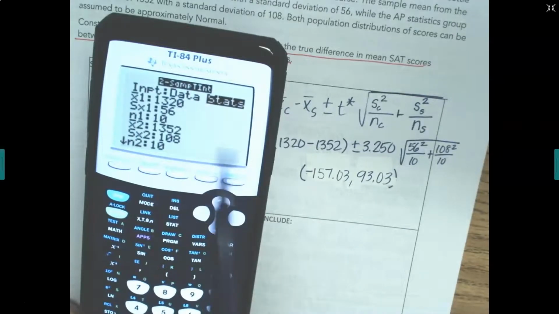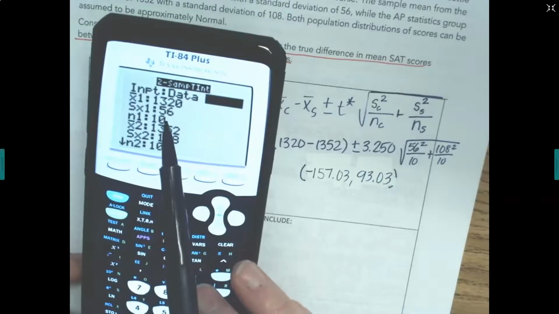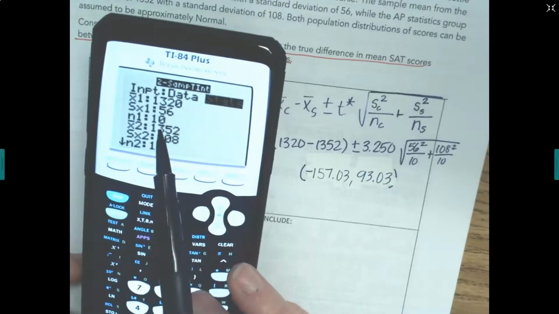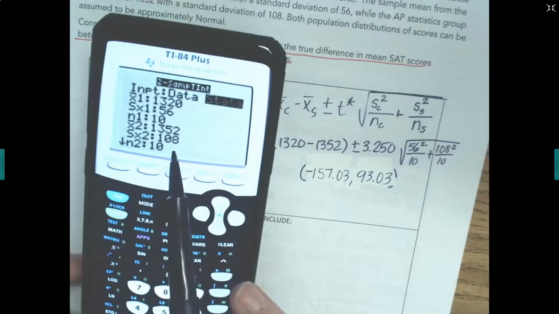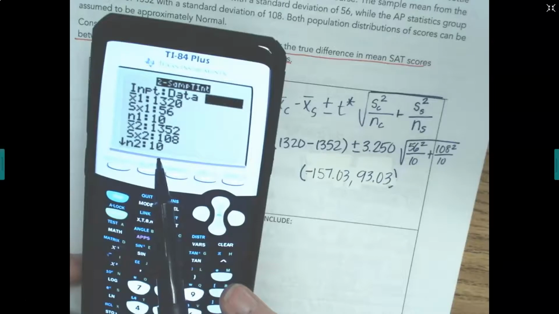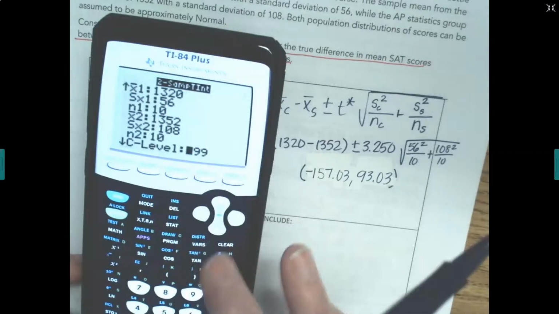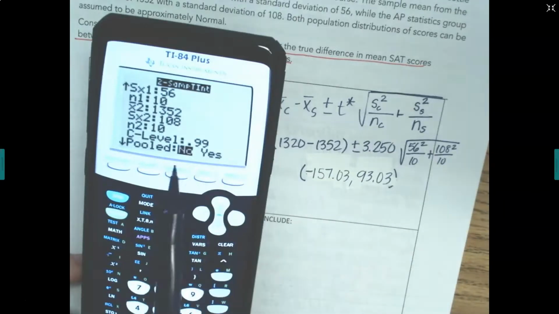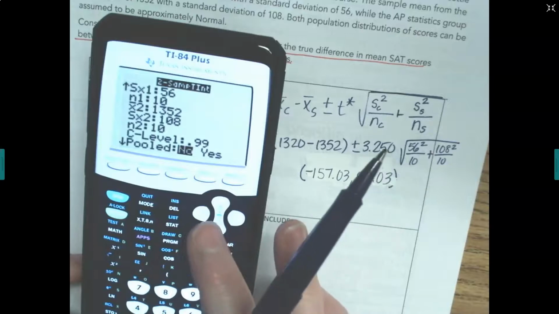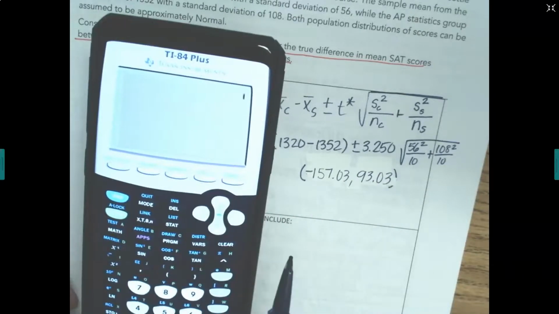So when I go in there, the mean for calculus was 1320 with a standard deviation of 56, and there were 10 of them. The mean for statistics was 1352 with a standard deviation of 108 with a sample size of 10. My confidence level is 99%, and always answer no to the pooled question here.